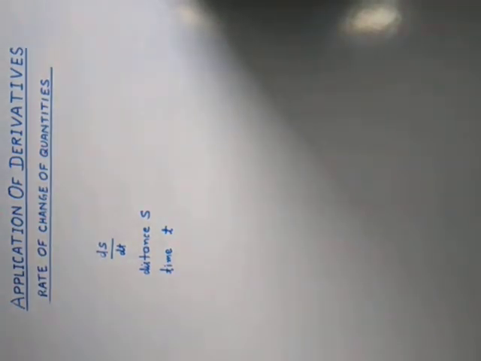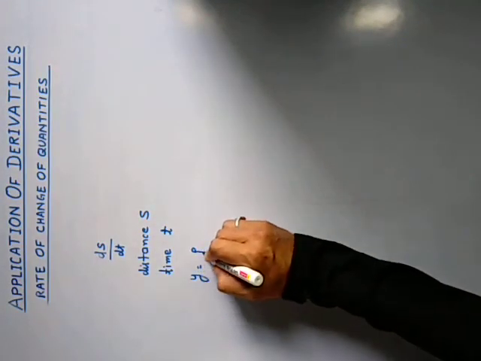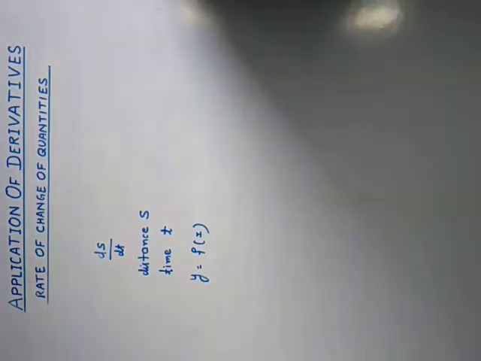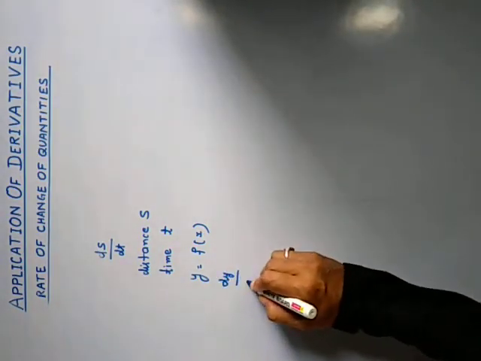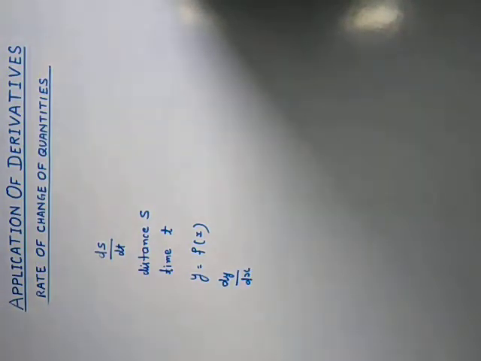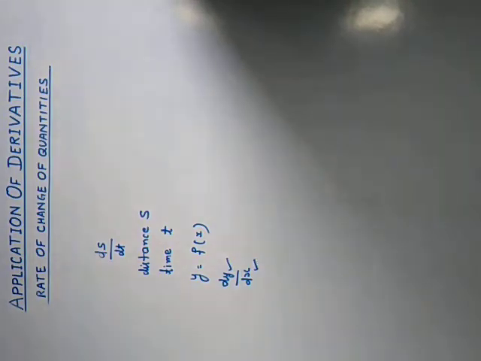In a similar fashion, whenever one quantity y varies with another quantity x, satisfying some rule y equals f(x), then dy by dx represents the rate of change of y with respect to x.